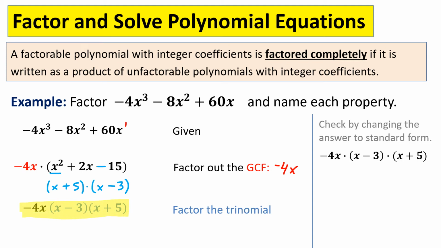All right, we could check this by changing the answer to standard form. You could do this however you want. My recommendation is to multiply these terms, and you're going to notice it's the same steps we just did but backwards.